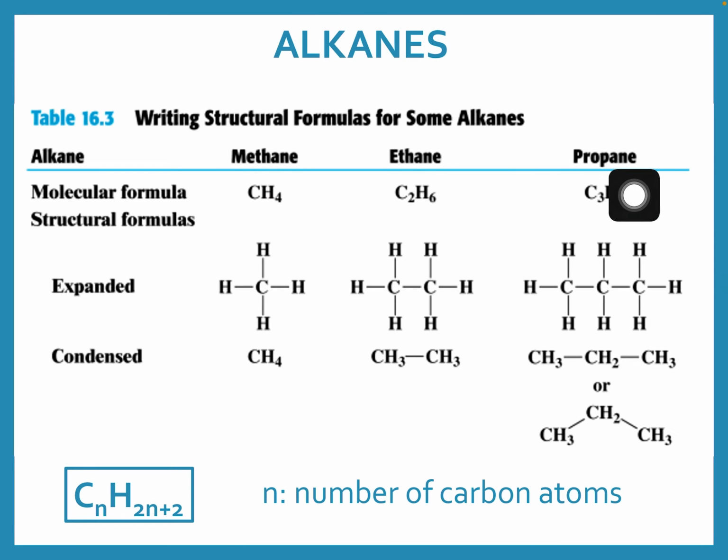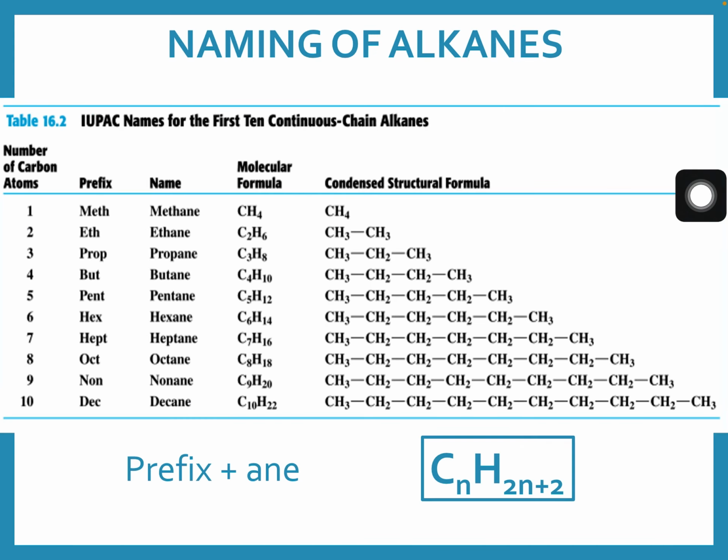In terms of naming, we have prefixes depending on how many carbons are in that backbone. So if we have 5 carbons, 1, 2, 3, 4, 5, then the prefix there is going to be pent. Because all of these are single bonds, we have the ending ane. So alkanes get the ending ane added to them, and that just tells us all single bonds.